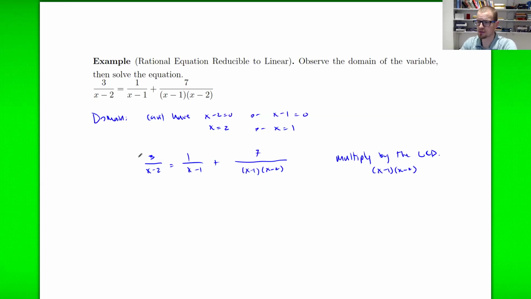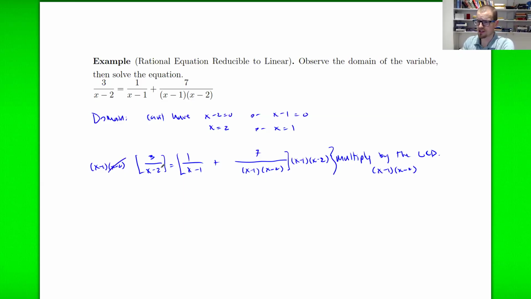So what I'm going to do is take the left-hand side and multiply by x minus 1 times x minus 2. And I'm going to take the right-hand side and multiply by x minus 1 times x minus 2. Excellent. So what I'm doing here is multiplying by the least common denominator. And we have a cancellation.